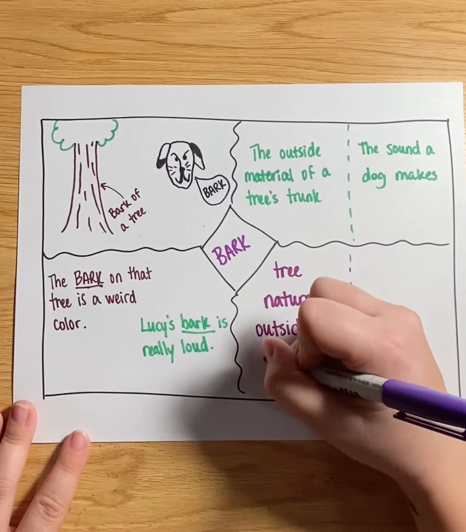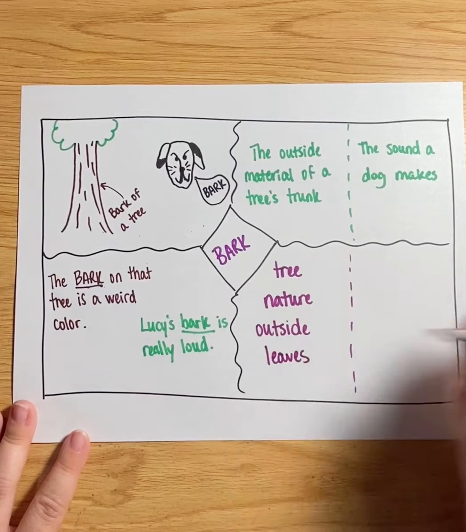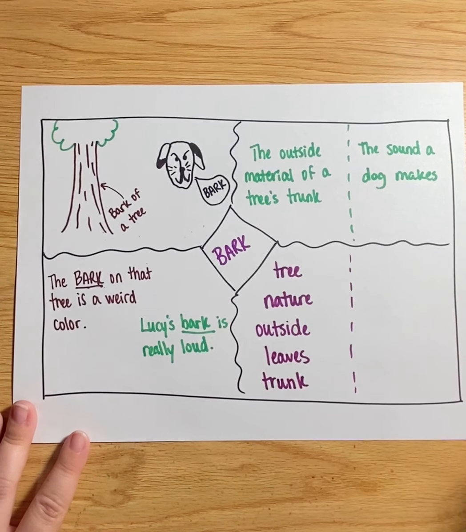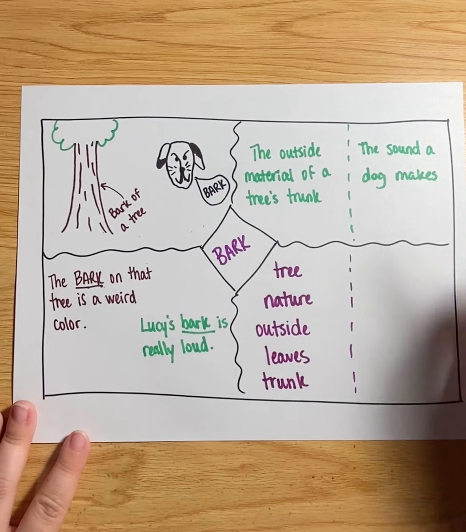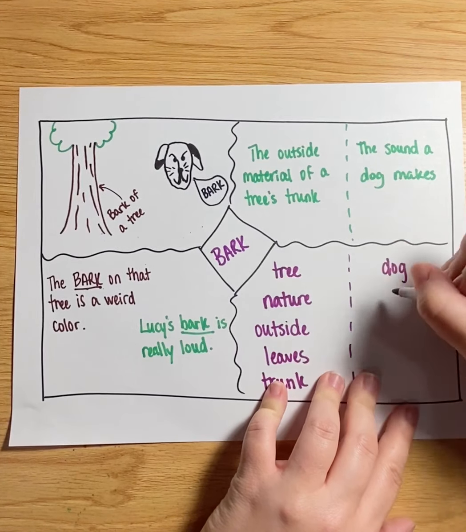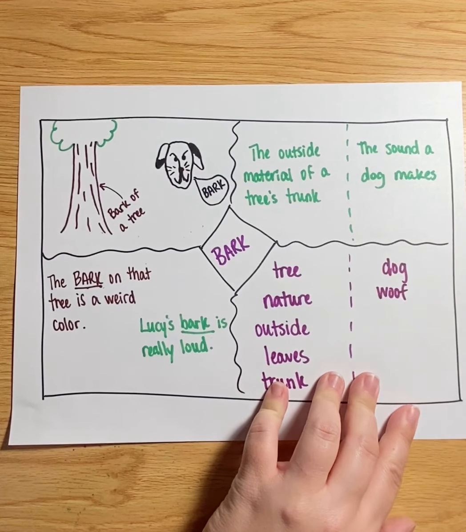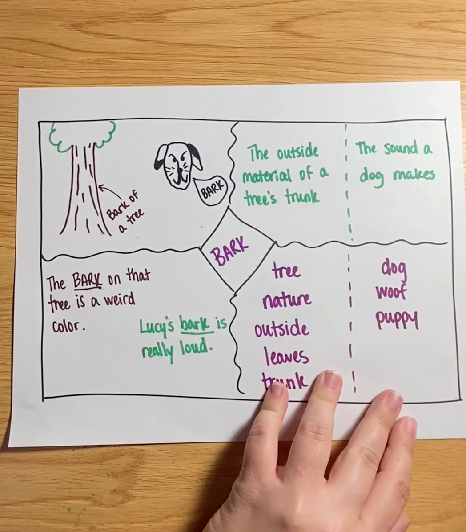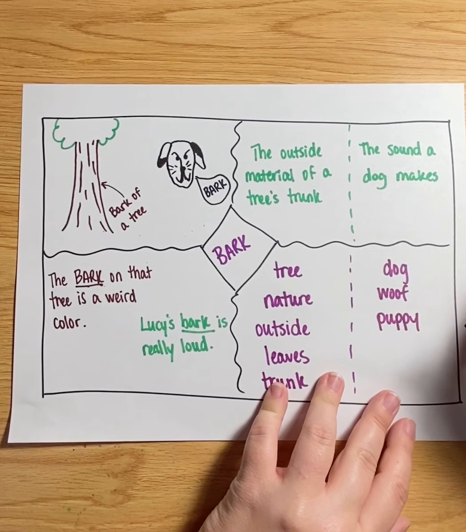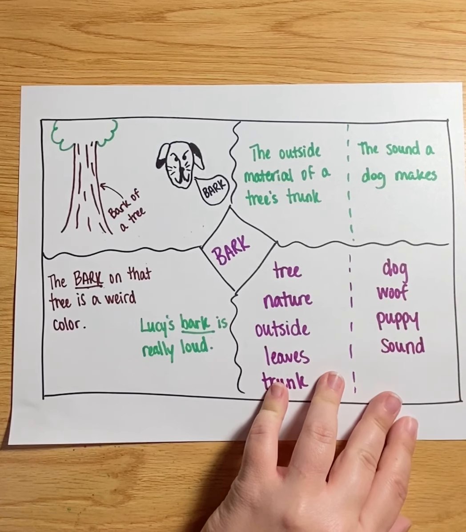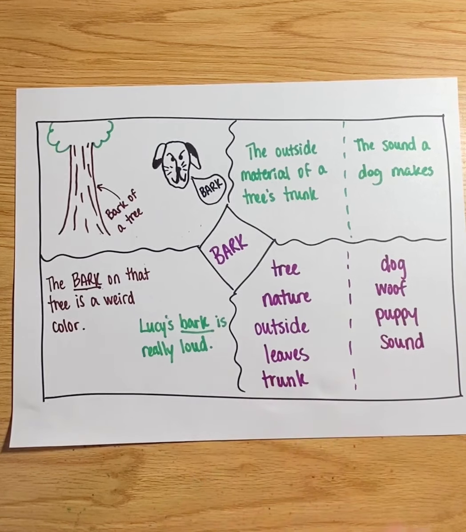We could put leaves even, or I'm going to put trunk, like a tree trunk. Okay. Ones that we could put for bark for a dog, obviously we're going to put dog. I'm going to put woof. I'll go ahead and put puppy too. I'm going to put sound. And I think that's all I'm going to do for that one.